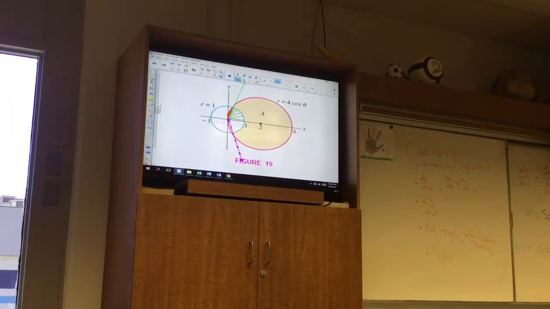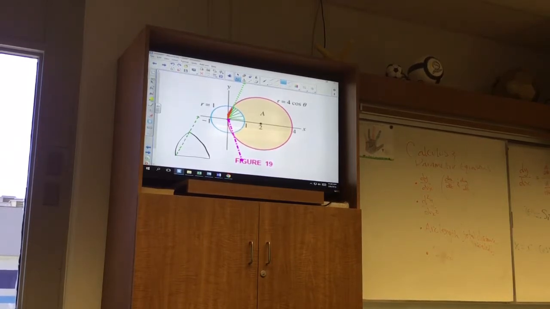So this shape that I have the green and red in, to exaggerate it a little bit, is like that. And so this green line is right there.